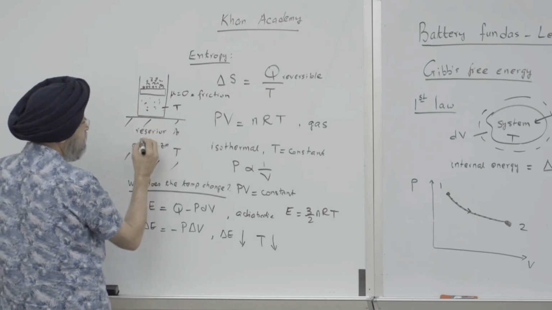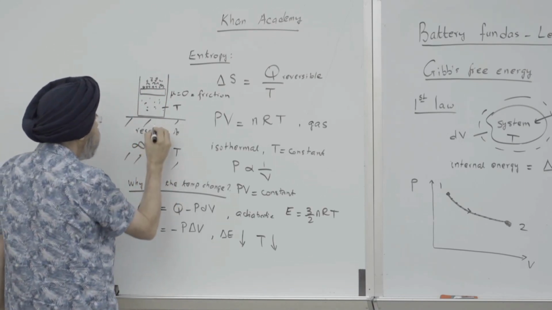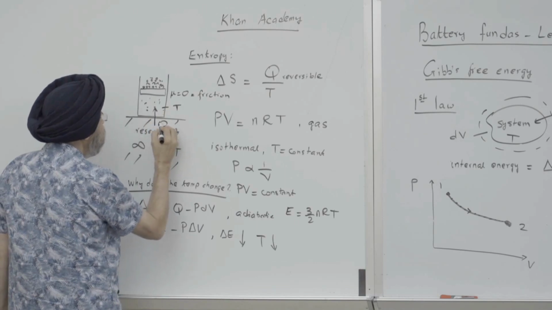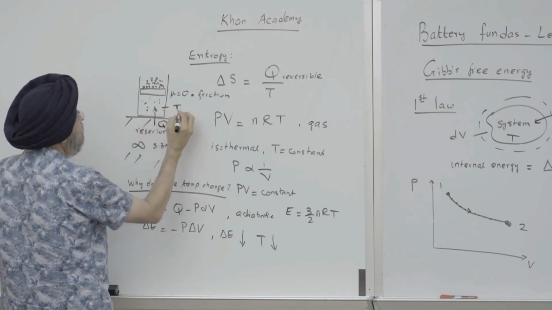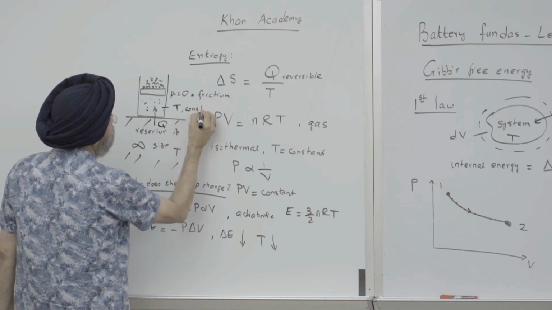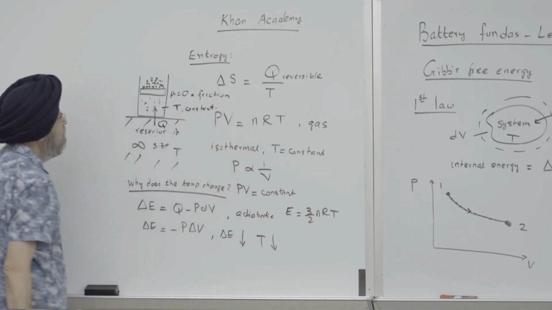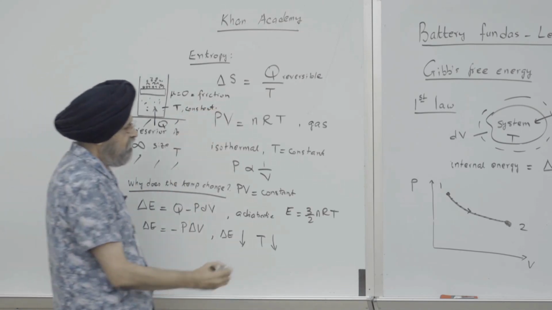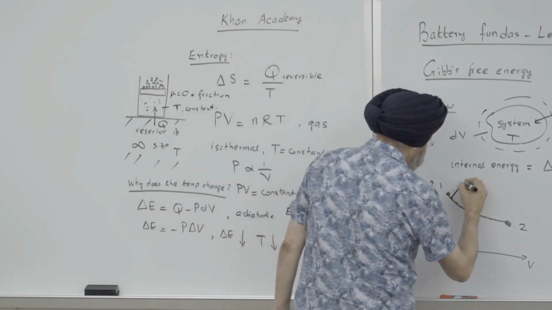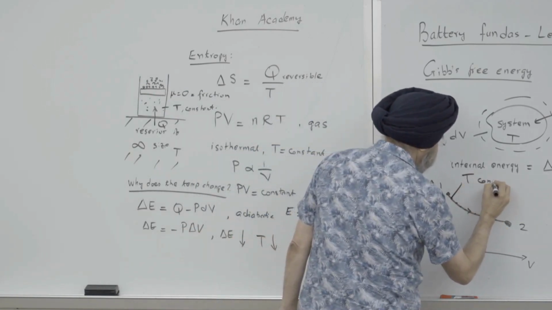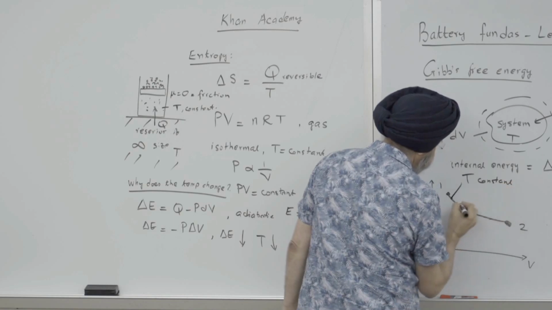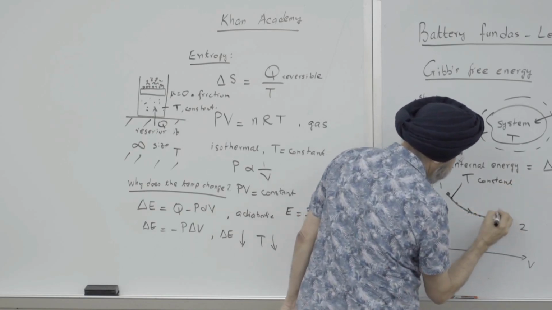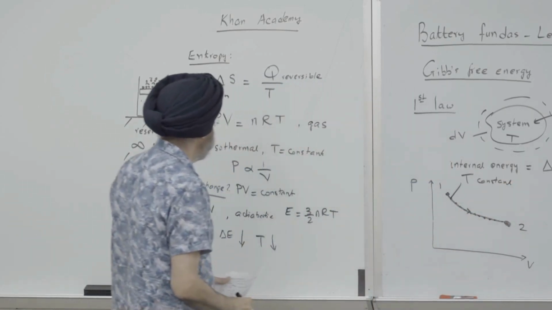This way, Q can enter from the reservoir and keep the temperature constant. So this curve is for T constant. So we slowly go down this curve. So that's a reversible process.